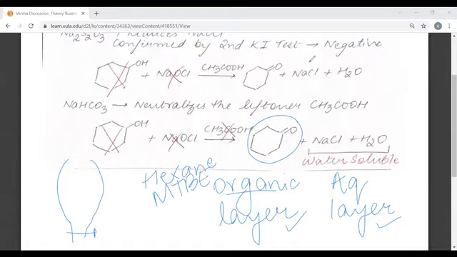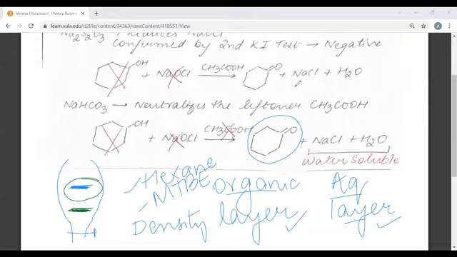All the organic solvents whose density is less than water's density will float atop, and the water layer, or the aqueous layer, will be at the bottom. Which will you collect? You need to collect the organic layer where your ketone will be present.